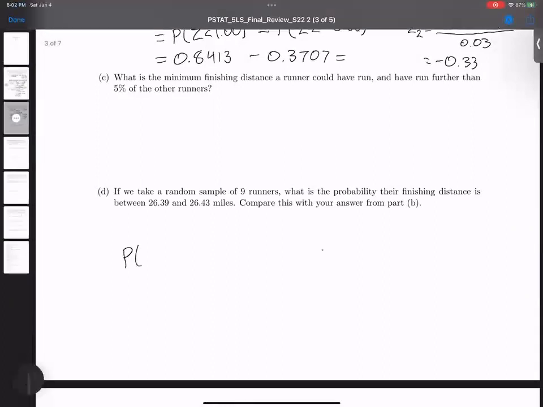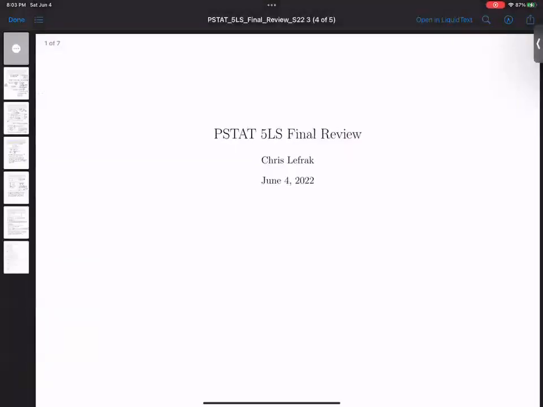So it was the probability that z was less than 3.00 minus the probability that z is less than negative 1.00. And now let's go back to check what those numbers are.